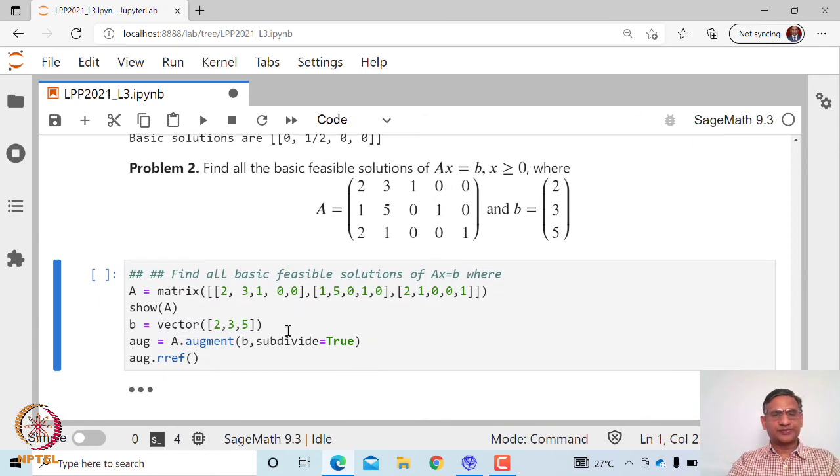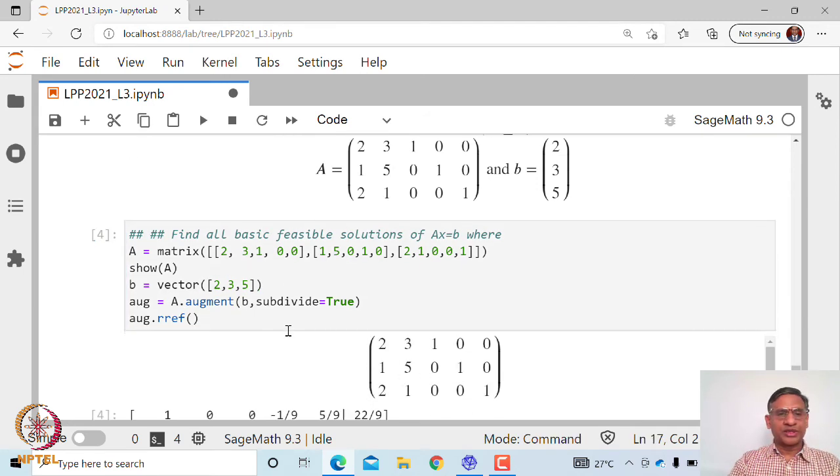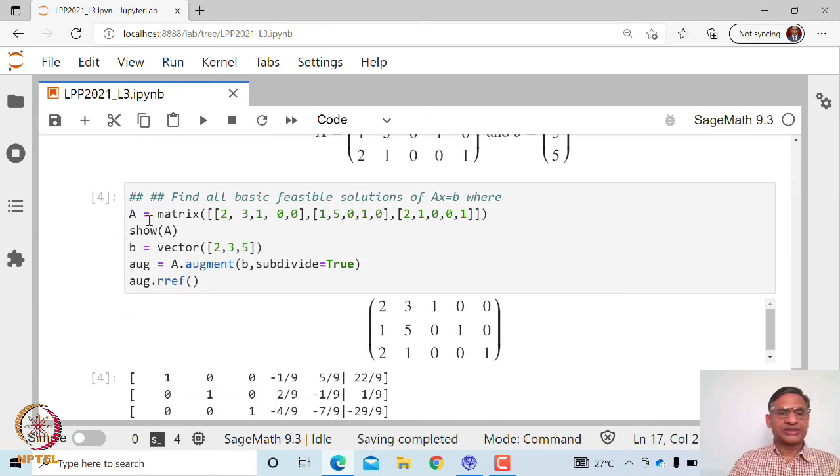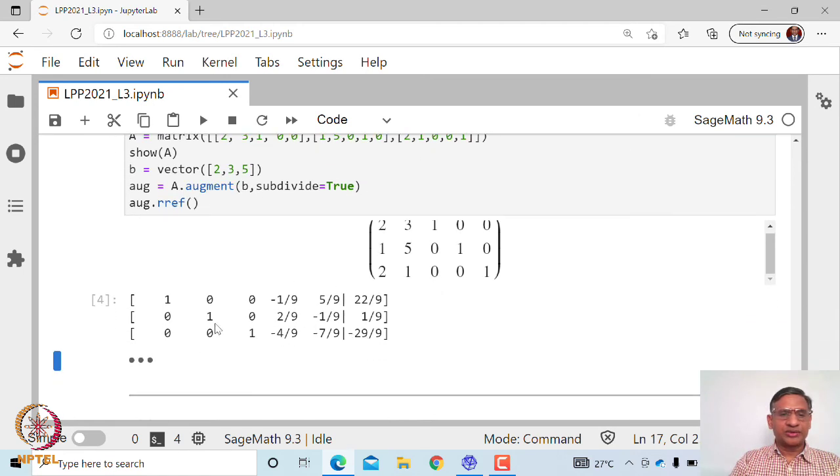First, let us augment b to A, and when you apply RREF to this, you see here first three columns are linearly independent. That means this system will have infinitely many solutions.